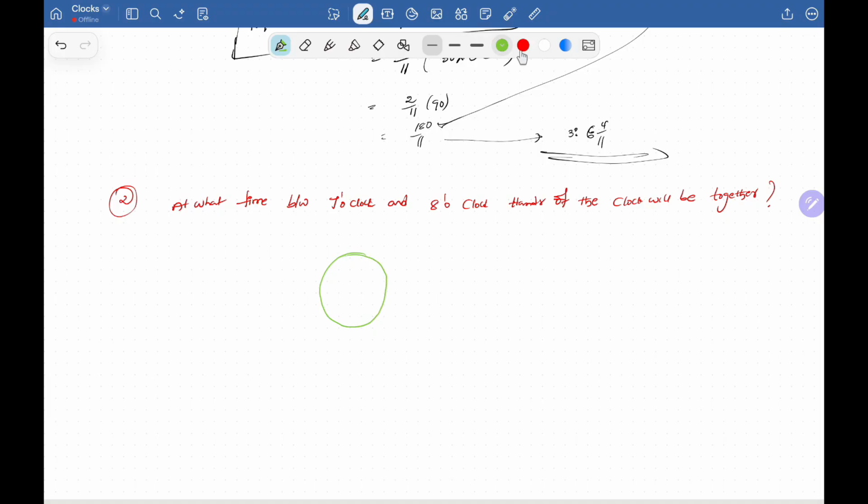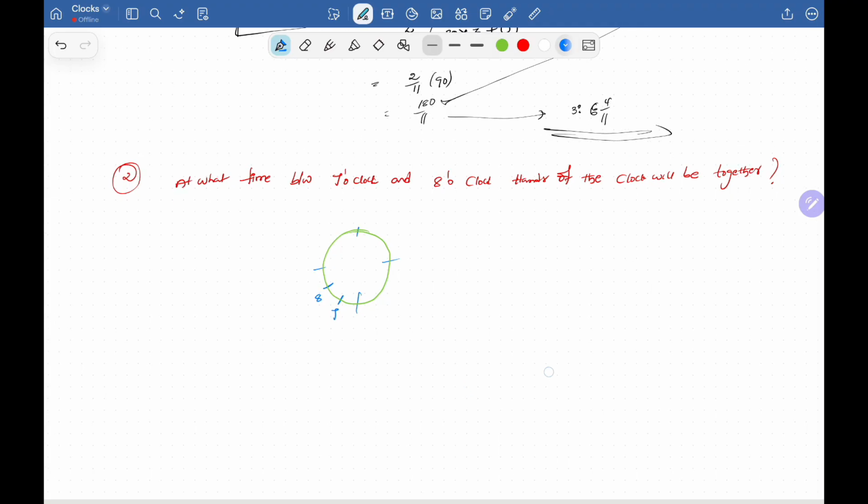This is the clock. 7 o'clock means here 7, here 8. So first method, how to solve? Method 1. It's easy, not so difficult.